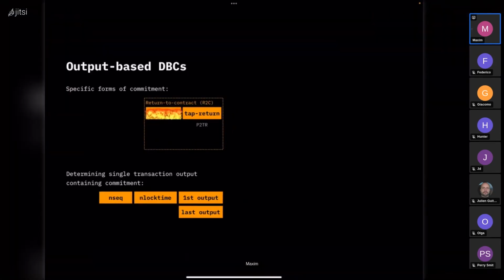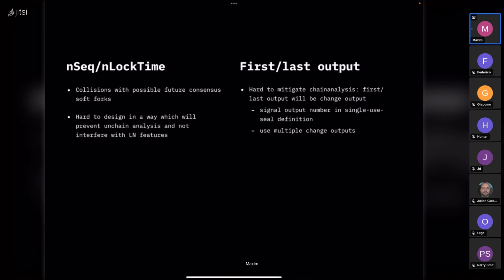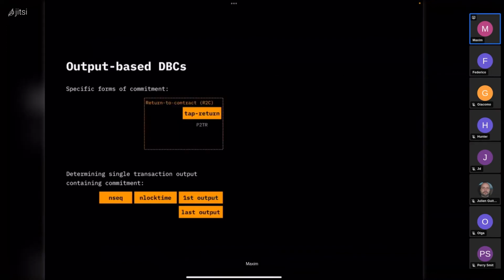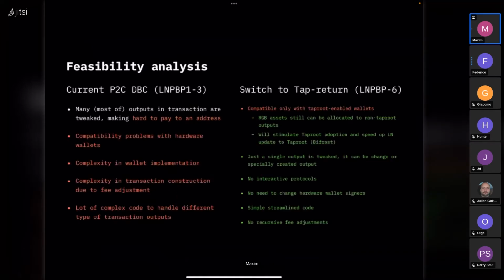So we end up with Tapret as the main way for RGB commitments, because it seems to be quite simple and robust.